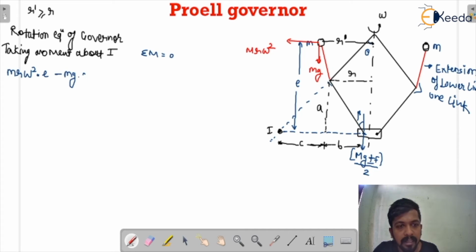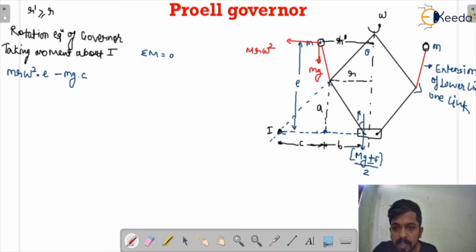mg multiplied by c. But this would not be c, because c is measured from here to here. This is basically the c distance, but when you look carefully at the mg line of action, it would be passing through here. So what is the difference?